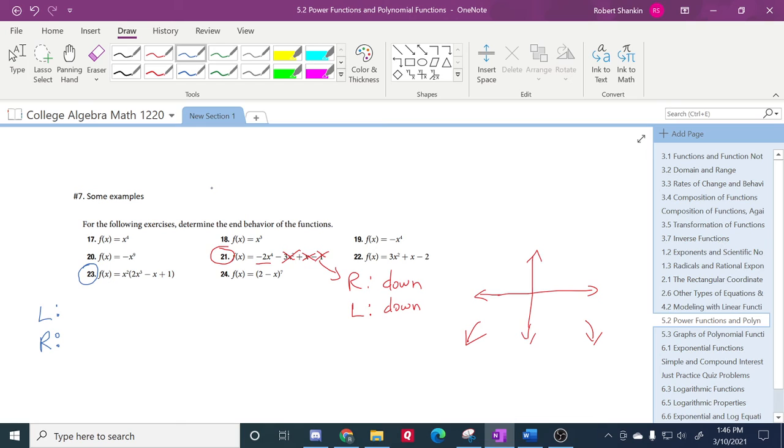And group 1, what do you have for this? We got left down and right up. Can you explain why you said right is up?